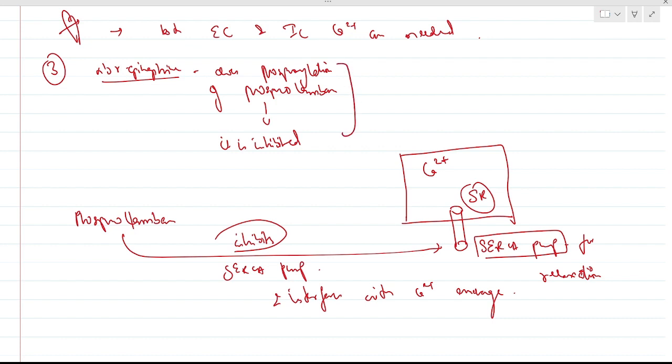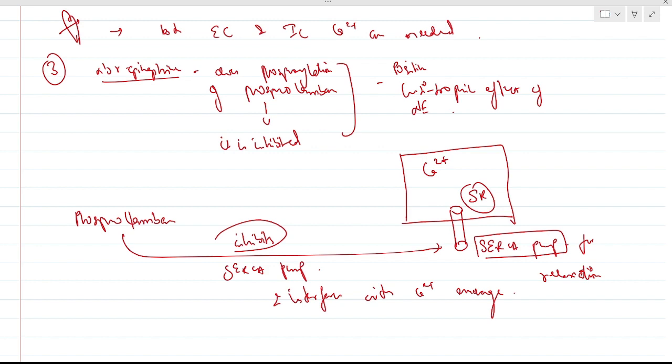Now this is called the positive lusitropic effect of norepinephrine.